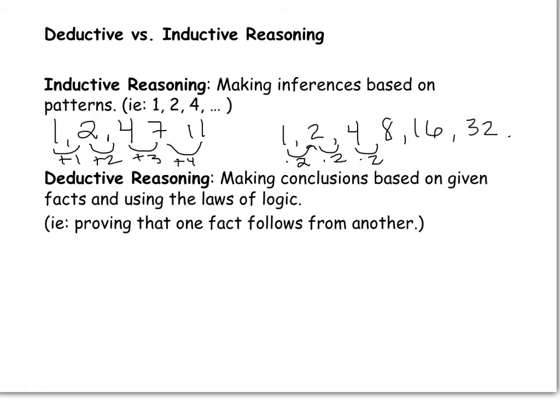So we prove one fact knowing another fact, and that is really how geometry was created, starting with a list of certain facts and proving other things based on those facts. So our goal at the end of this unit is to have all of the tools ready so that we can start proving things in geometry. And to prove things, we need these laws of logic. We need this deductive reasoning structure.